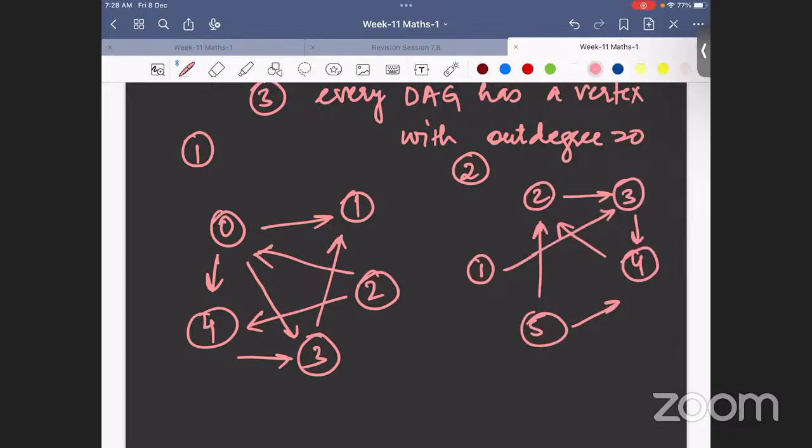So basically for a DAG, first you have to check two things: it should be a directed graph, and then it should not consist of any cycle.